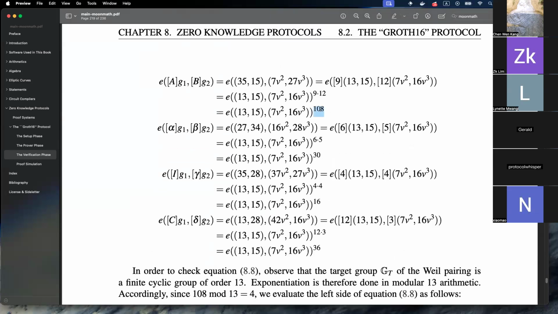So 108 should be equal to 30 plus 16 plus 36, I believe. So it's A times B, this plus this, so 30 plus 16 plus 36. Nope, wait, it's not. Let's see, 30, 66, 70, 82 actually.